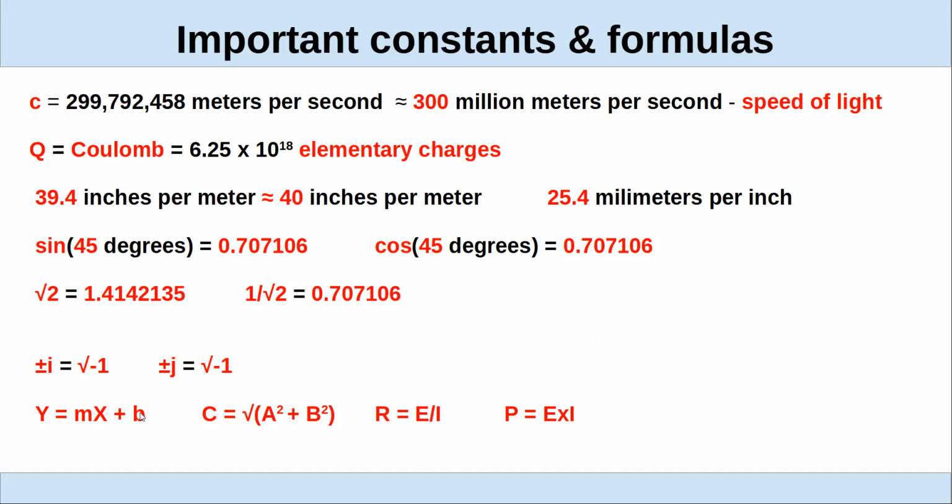If b is equal to 0, which means it crosses at x0, y0, then you just have a sloping line. Turns out this is Ohm's law, where that slope is resistance, and this is the current, this is the voltage.